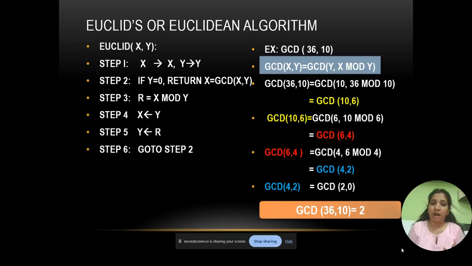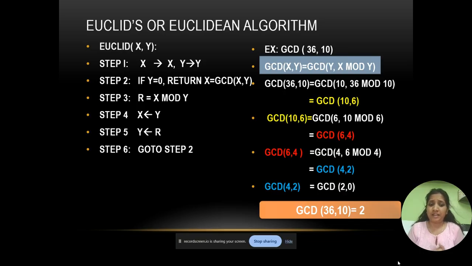Step 4, x gets y and y gets r. Then go to step 2. So let us see the GCD of 36 and 10. 36 mod 10 equals 6, 10 mod 6 equals 4, 6 mod 4 equals 2, and 4 mod 2 equals 0, so the GCD is 2.